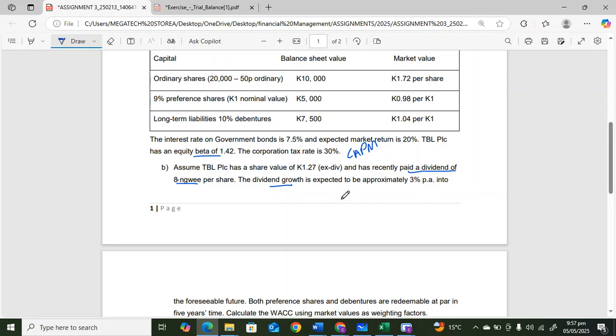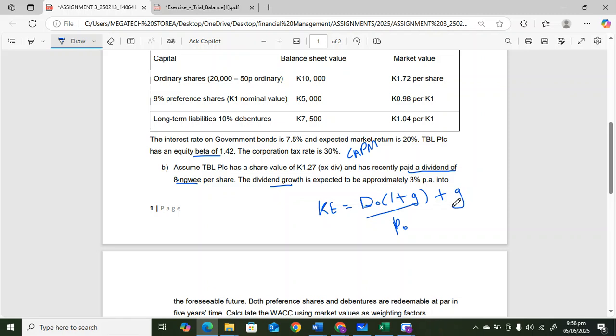With the dividend valuation growth model, this is the formula: cost of equity equals the current dividend paid, D0, in brackets 1 plus the growth rate, divided by the market price, plus the growth rate.